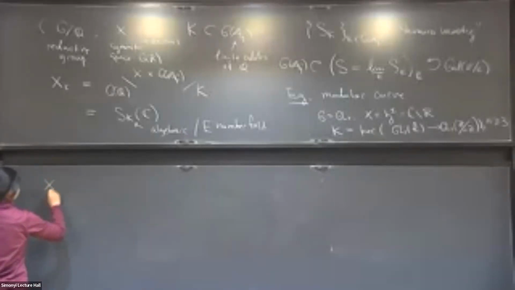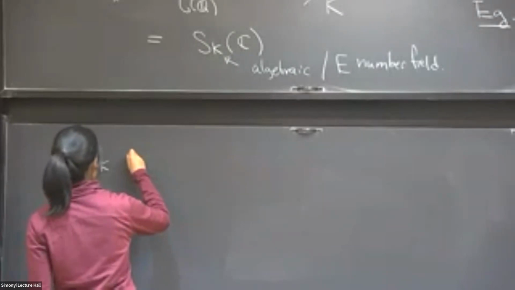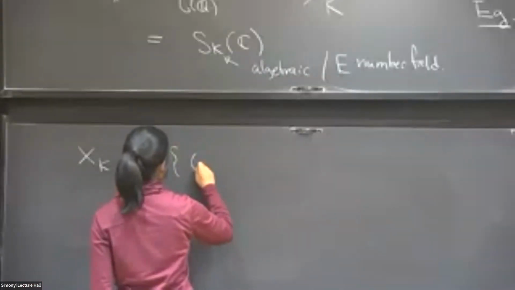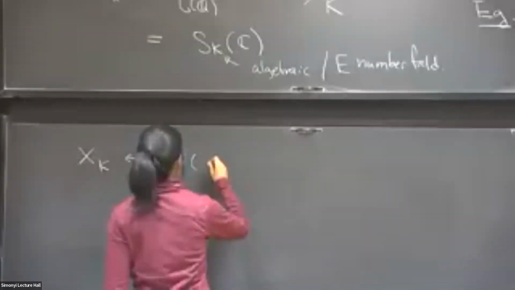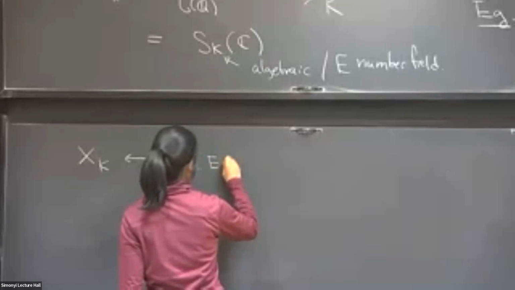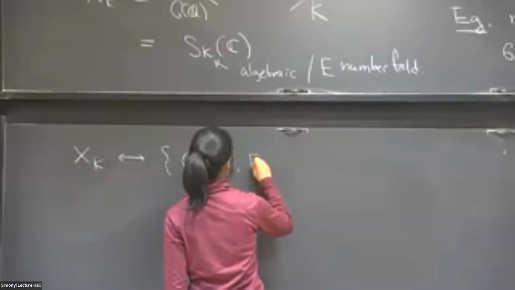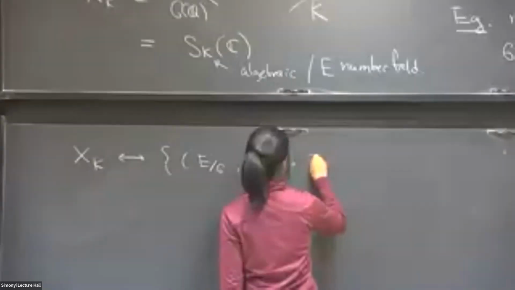And in this case, the locally symmetric space will be the complex points of the modular curve at level K. And it happens to have the modular interpretation that the space will be in bijection with the set of isomorphism classes of elliptic curves over C together with a trivialization of their n-torsion points.